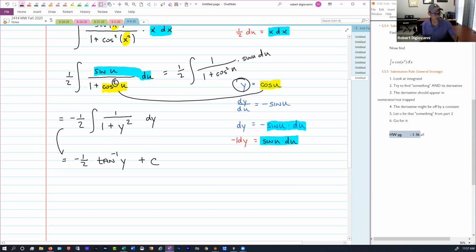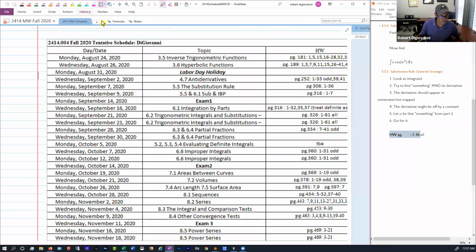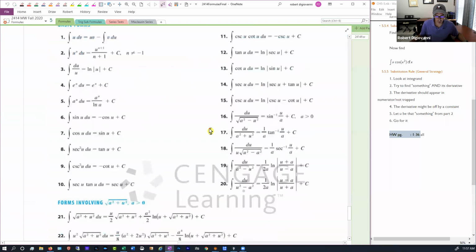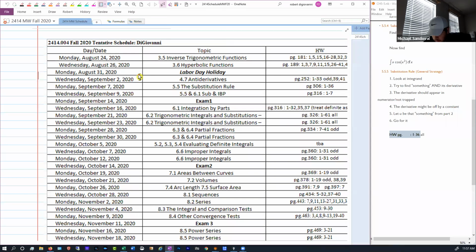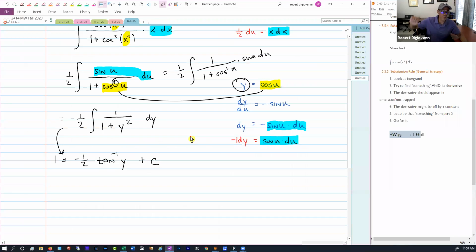So from here to here, I'm using the formula. I gave this to you already, but this is actually formula 17. This is the one I put all those stars next to and said, don't forget this, this will come up.